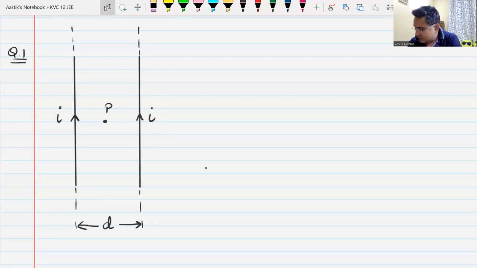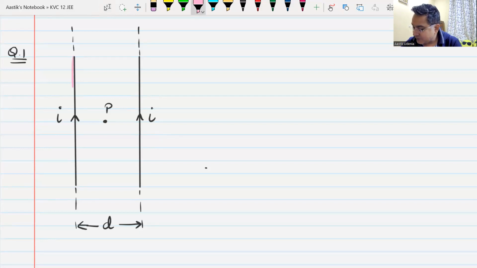So, how are we supposed to solve this question? The distance from both the wires is the same. The current in both the wires is the same. Both the wires are infinite. So both the magnetic fields would be the same in magnitude. We just have to see whether they are getting added up or cancelling each other out.